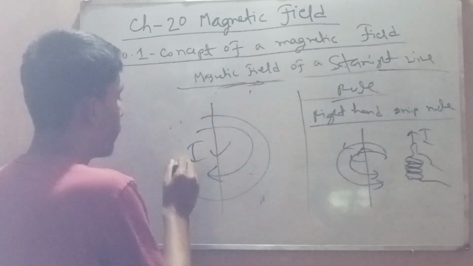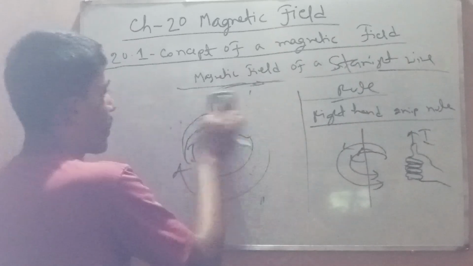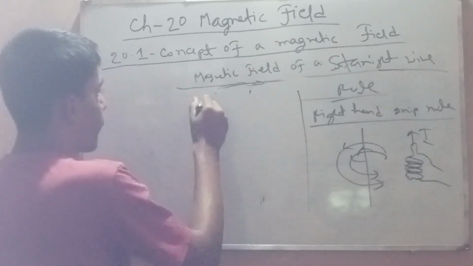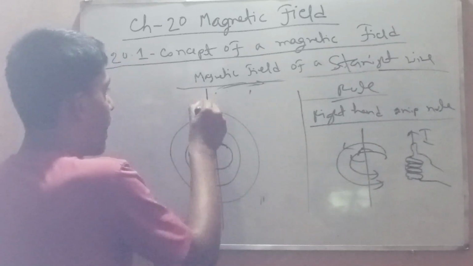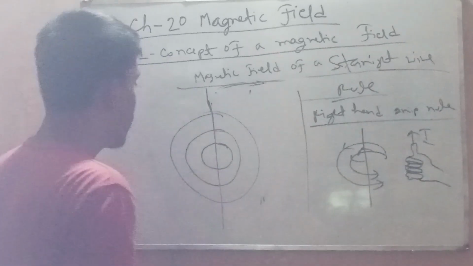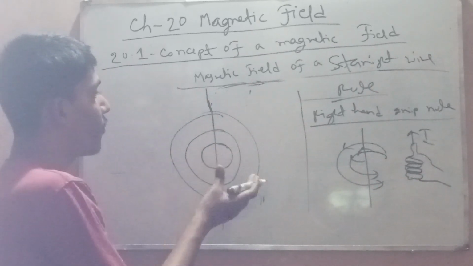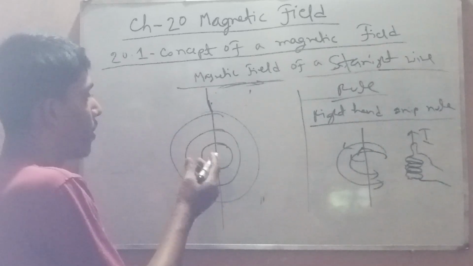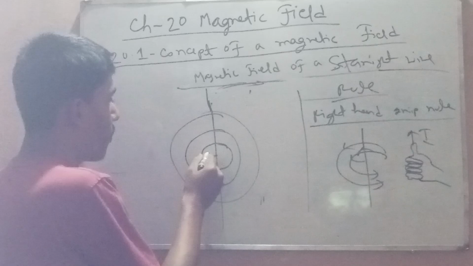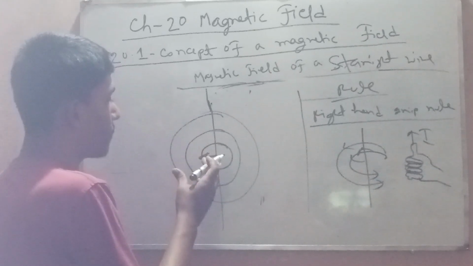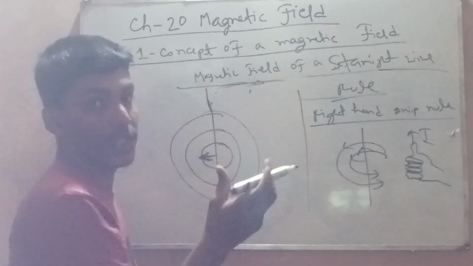So the magnetic field direction will be like this, and it is shown by concentric circles around the wire, and the field becomes weaker as we go away from the wire. If we go far from the wire, the field strength decreases.